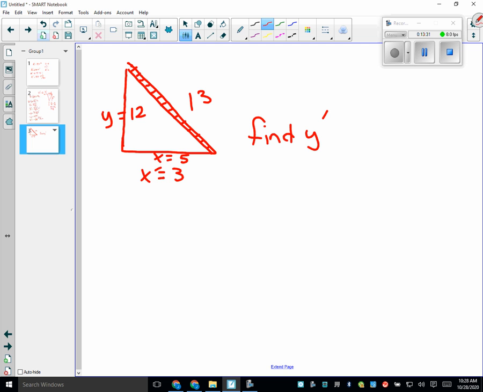I have a right triangle. Can I use the Pythagorean theorem? Yes. So x squared plus y squared equals what? C squared. Whatever 13 squared is. Why did I put a 13 there?